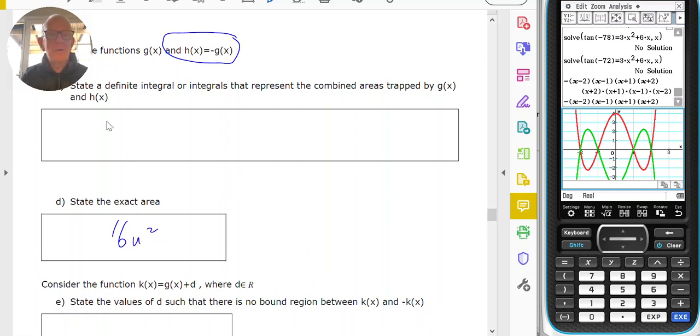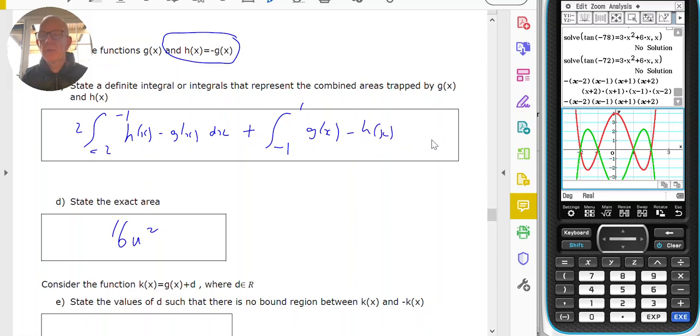And the definite integral will be, the definite integral from -2 to -1, top curve is h of x minus g of x dx, and I'm going to say that that's 2 of them, plus the integral from -1 to 1, where my top curve is g of x, and I'm minusing h of x because that's now my bottom curve, dx.